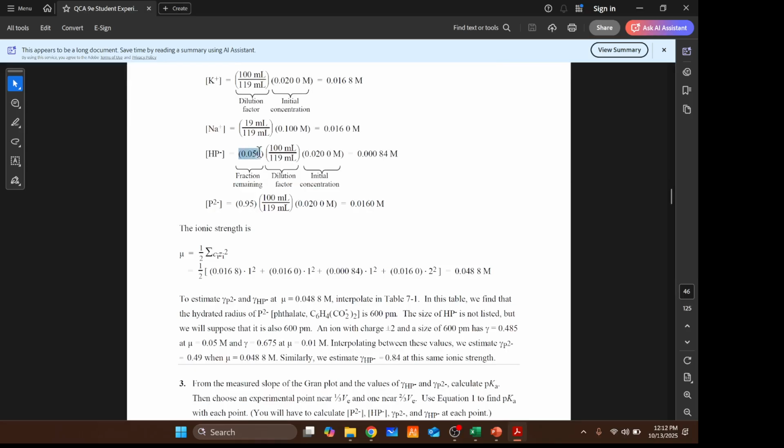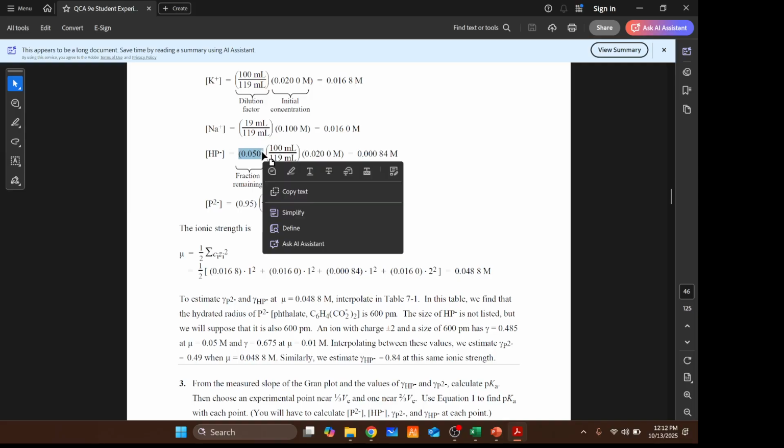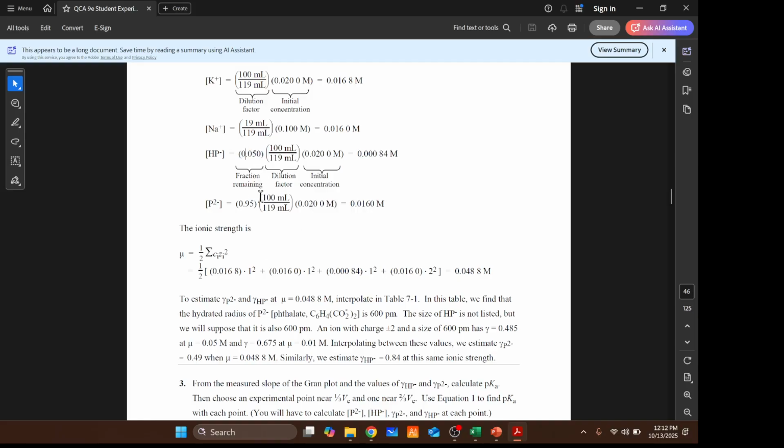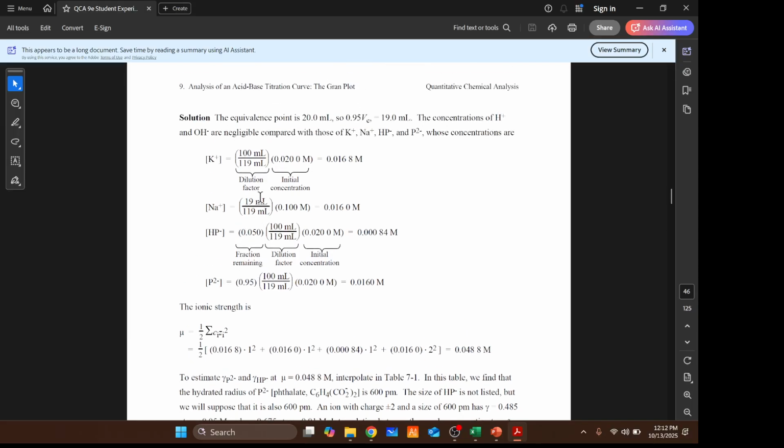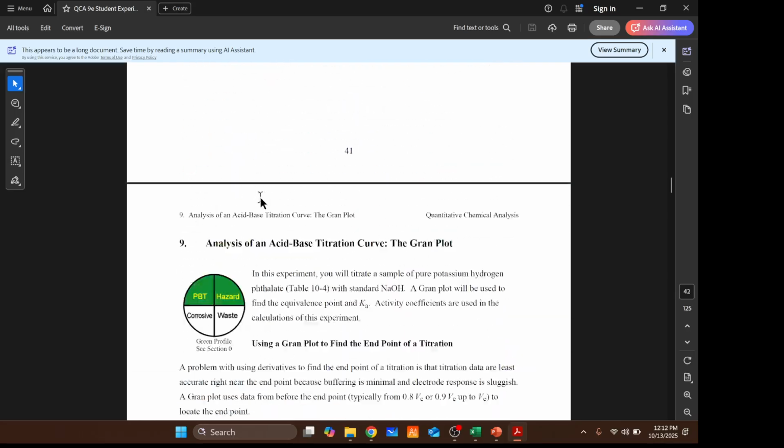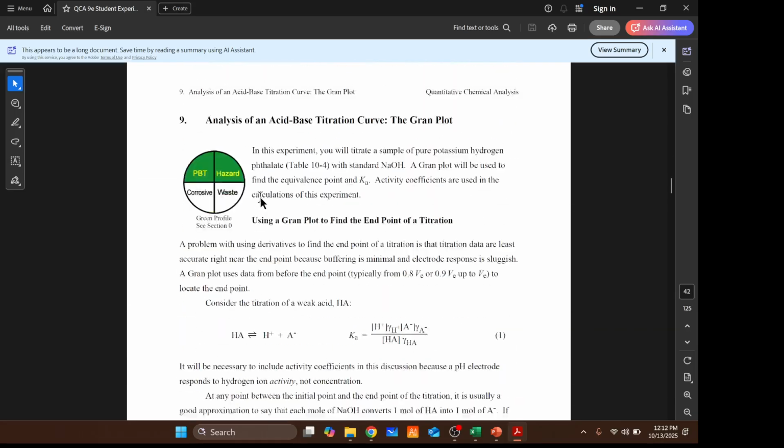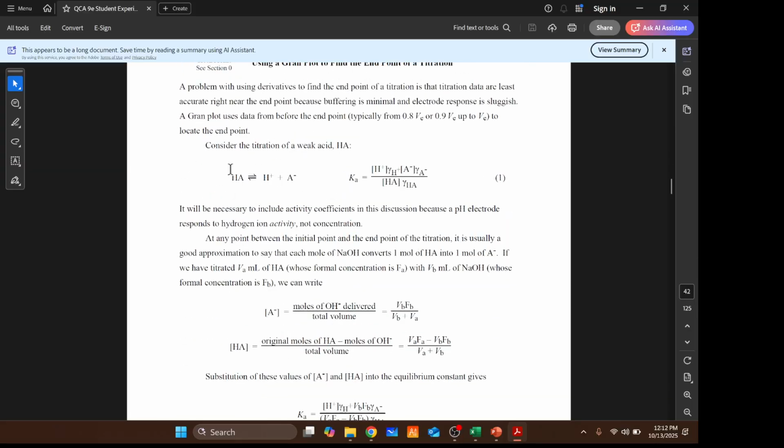Don't forget that these values here are going to be based on how far along you are, right? If you remember that formula, it was the amount along you were to the VE. So you won't be doing 0.95 times. This is equation one again.